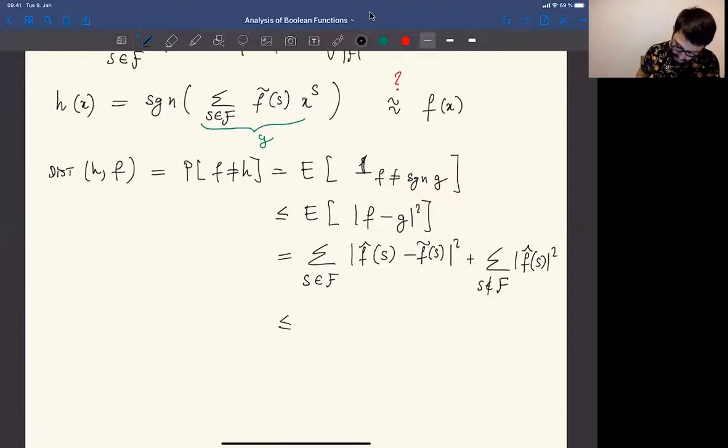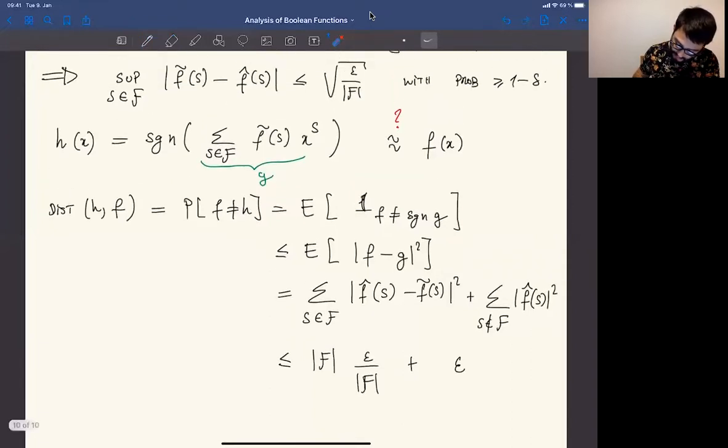And now what is this? Well, by construction, you know that this is less or equal than the number of members in the family. Each one of these terms is less than epsilon times the cardinality of the members in the family by the inequalities we have. And this other side, well, we know that's less or equal than epsilon because the algorithm A outputs some guy with epsilon concentrated.